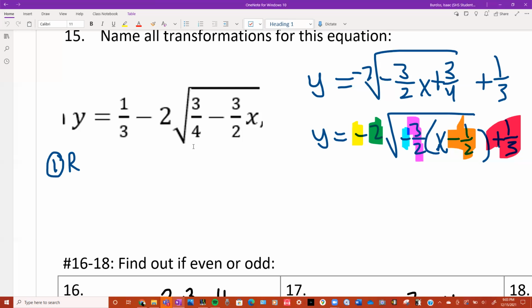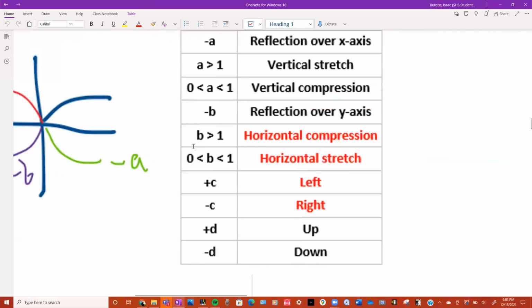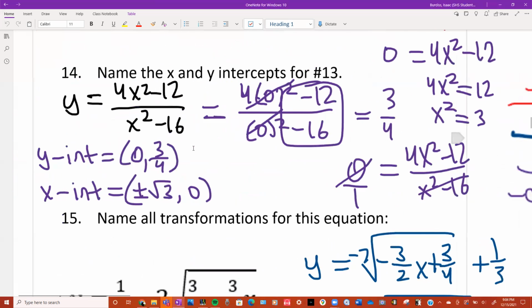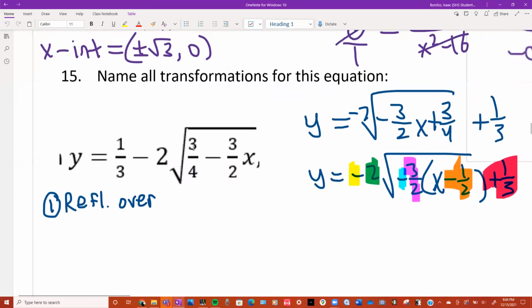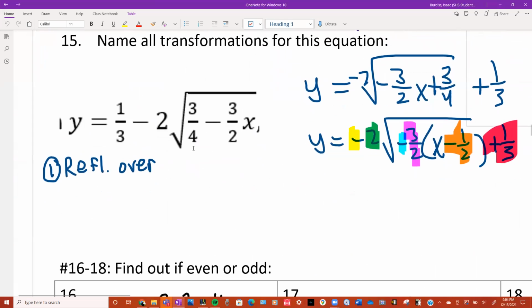You might always remember negative means reflection over, and then you might say, oh yeah, was it X or was it Y? Well, for right now, we can just look at this. That is A and that is X. But here's a little trick. Something that is outside of the radical or logarithm or whatever the thing is, that always affects the Y. So up and down.